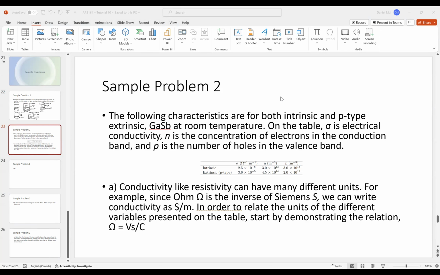So it gives us these values here. Conductivity, like resistivity, can have many different units. For example, since ohm is the inverse of Siemens, we can write conductivity as Siemens per meter. In order to relate the units of the different variables presented on the table, start by demonstrating the relation that ohms is volt seconds per coulomb.